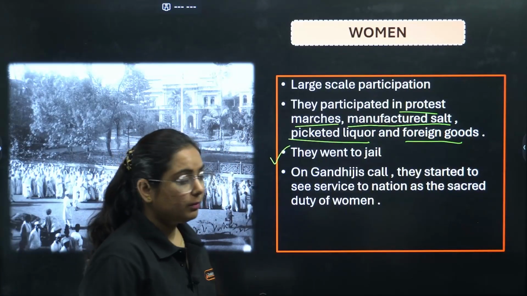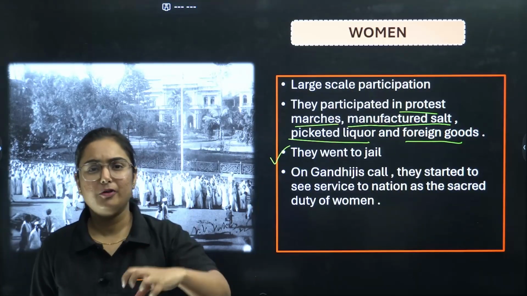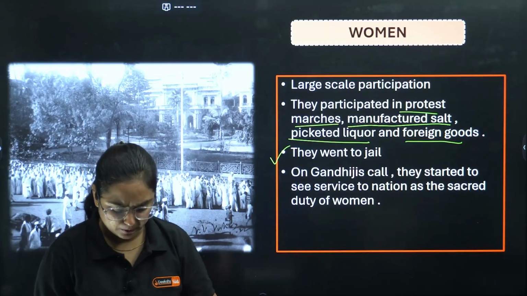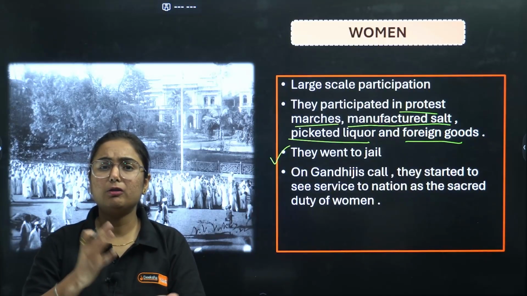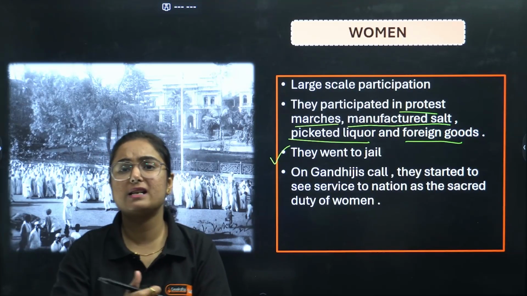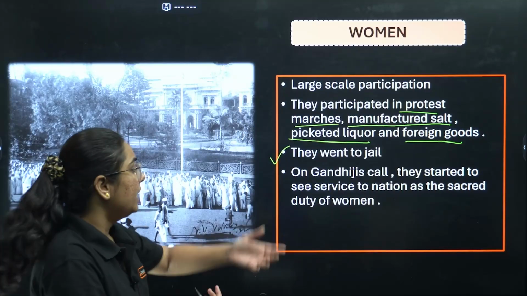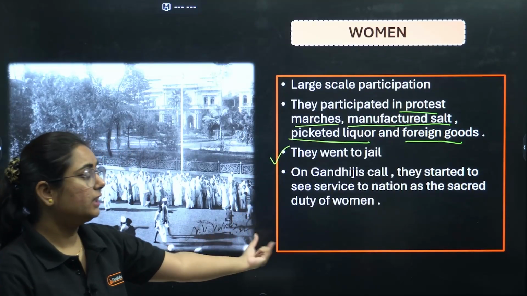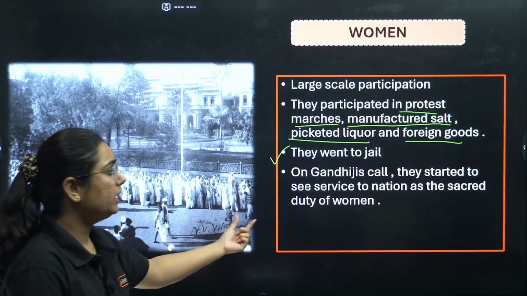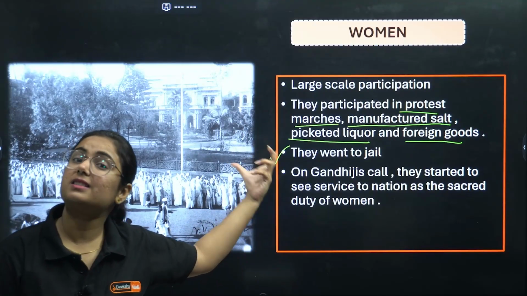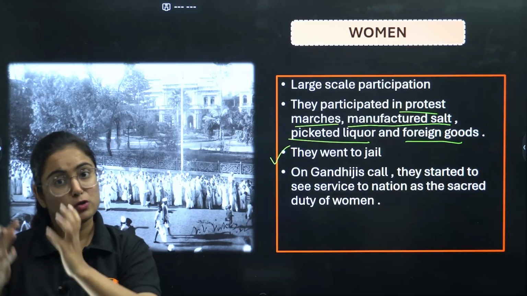Now see, Gandhiji gave a very good statement here and he somewhere had a role in the participation of women, and up till now women were also aware about their rights, right? They were aware about their work as well. They said that it is the duty of the woman to see it as a service to the nation, like they give service to their home.